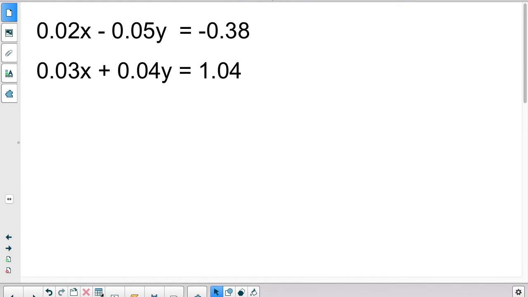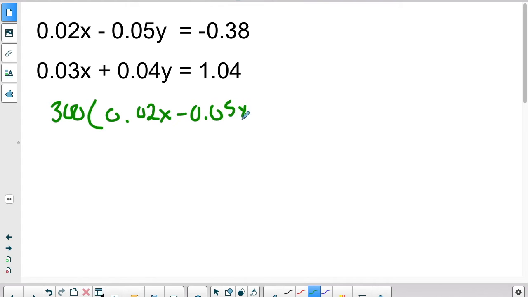I still would multiply the top equation by 3, but instead of 3, I'd multiply it by 300. 0.05y is equal to negative 0.38. And we're multiplying both sides by 300.